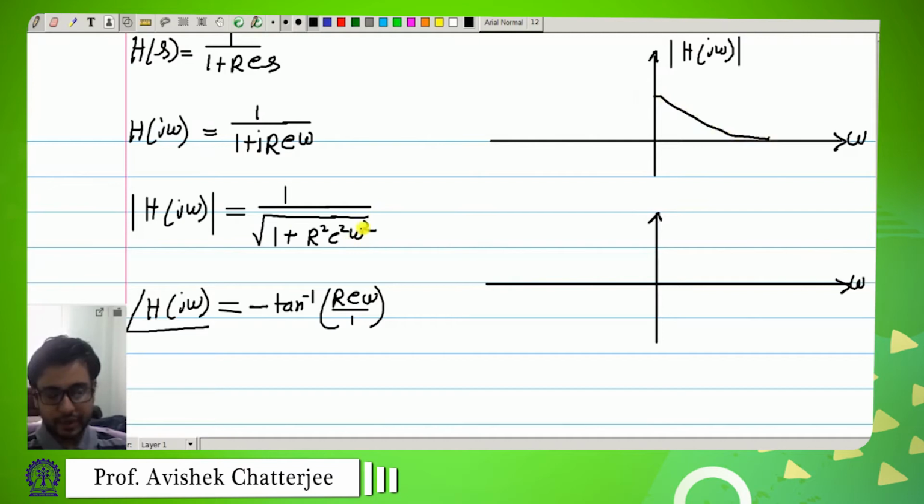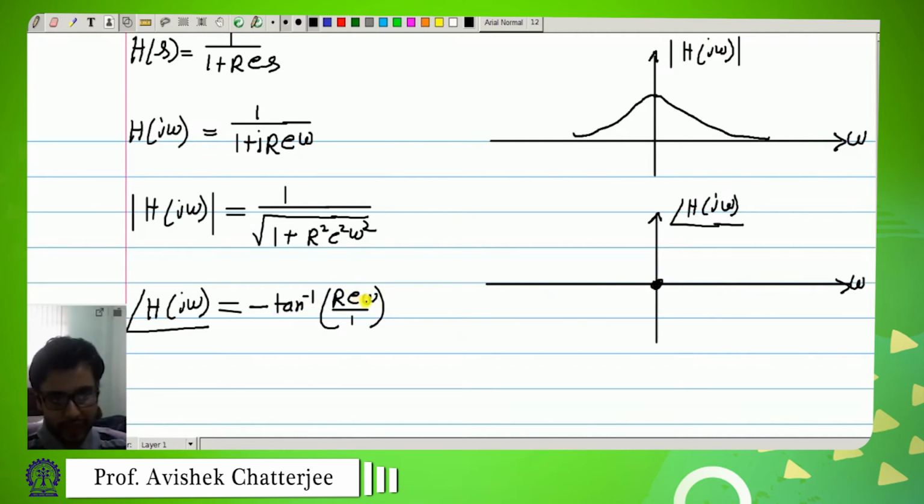And it is a symmetric function, of course, of omega, because we have omega square. So it will be like this. And then this angle, angle of H(j omega), when omega is 0, you see, then tan inverse 0 is 0, so here the angle is 0.